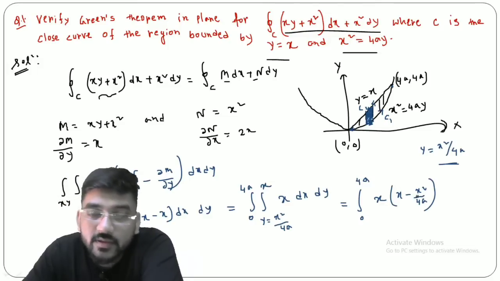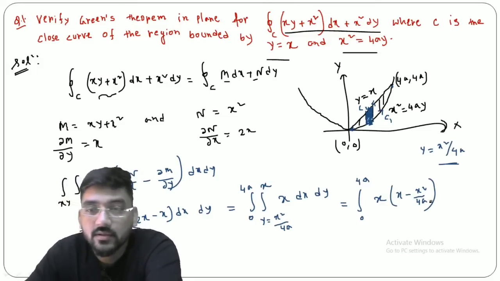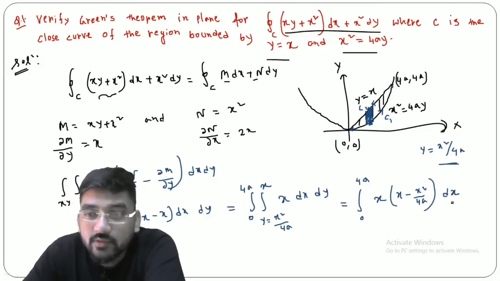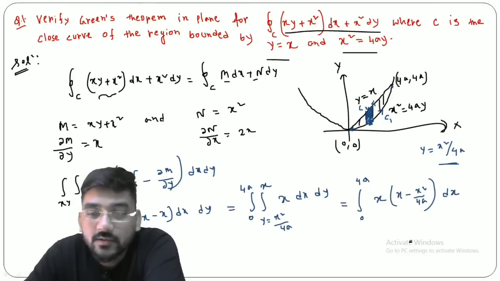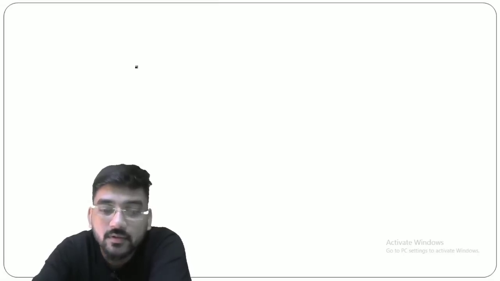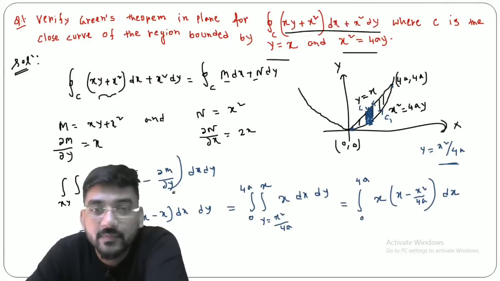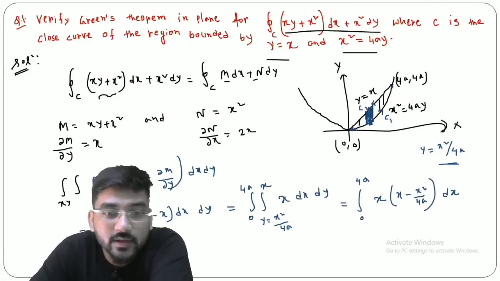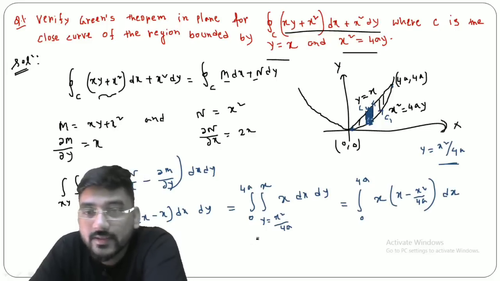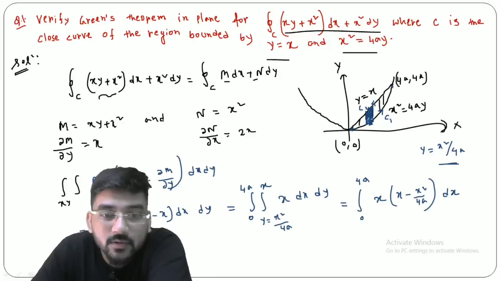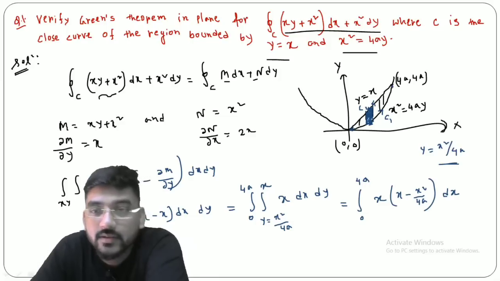Now the whole expression is converted in terms of x. So now we can integrate with respect to x. Okay, so finally what do we get? Let me solve here first. So we will get the integration from 0 to 4a of x square dx minus x cube by 4a into dx.